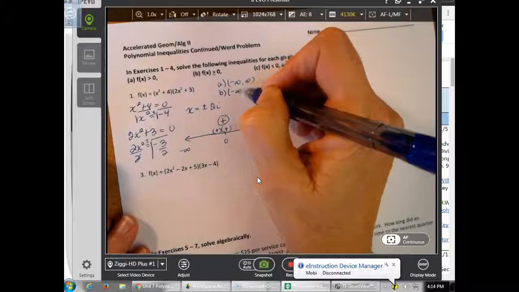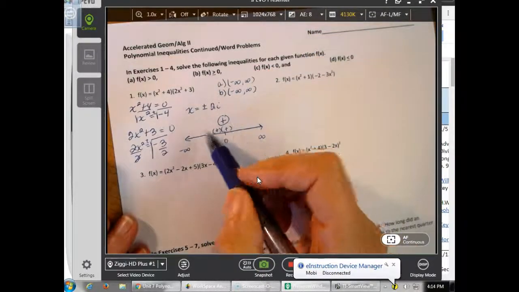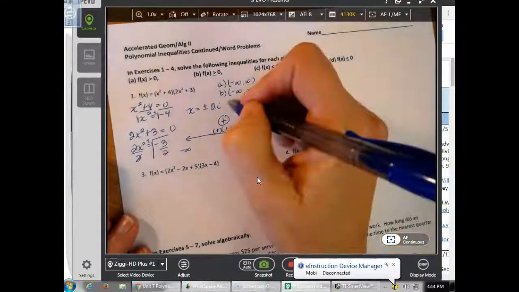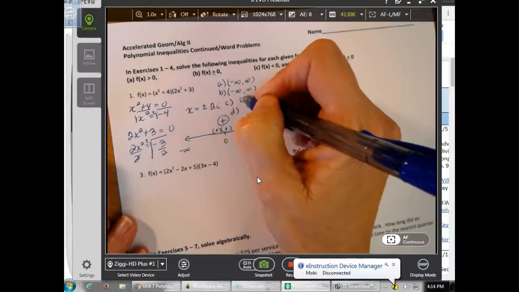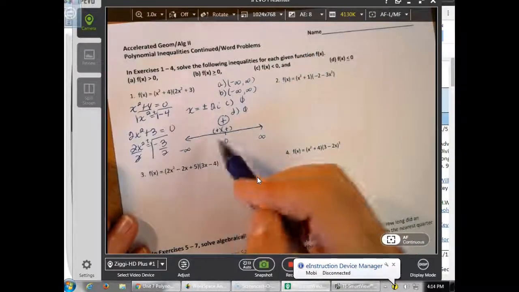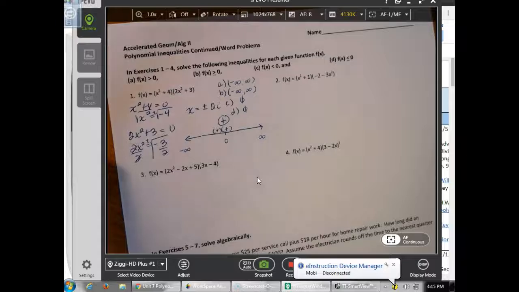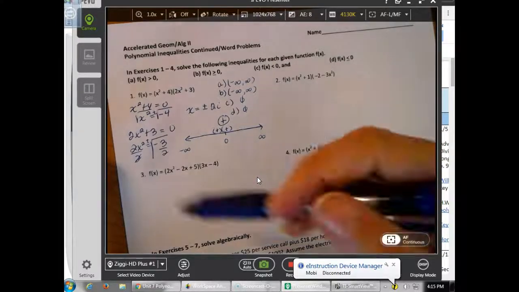B, every value of x gives us a positive y or a y equal to 0. C and D are going to be the null set because there are no x's that give you y's that are equal to 0 or negative. So those are the null set. So that's how you're going to approach this top section.